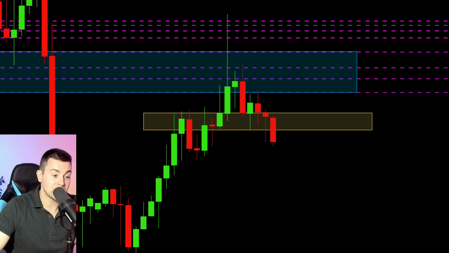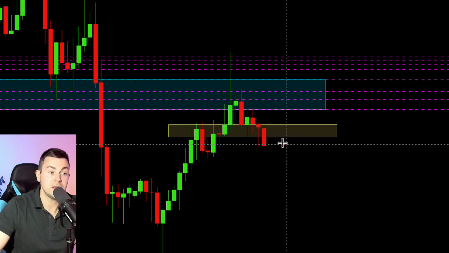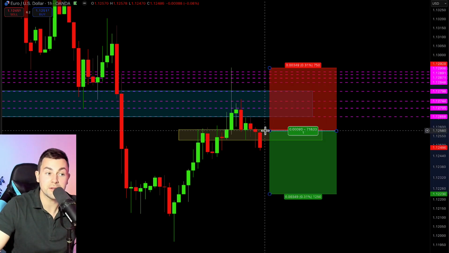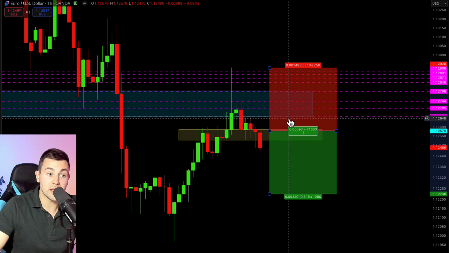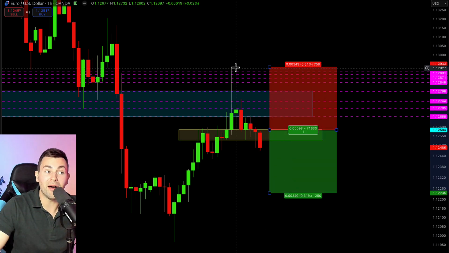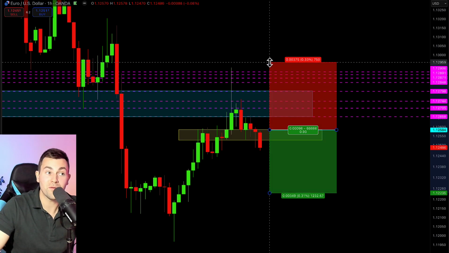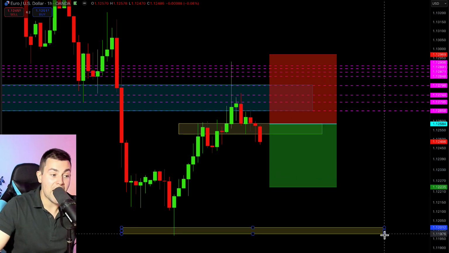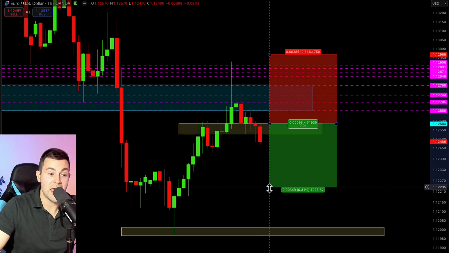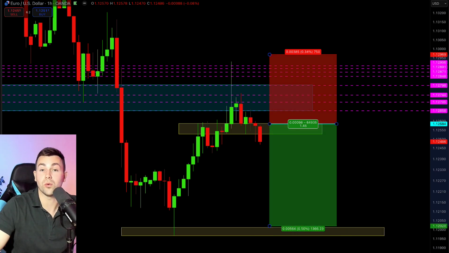From such a perspective, I suggest setting your sell limit order on a retest of that broken structure, of that broken minor liquidity zone. Set your stop loss strictly above the highs of the liquidity grab. That will be the safest stop loss for your trade, and you can simply aim at current lows. That can be a goal for your short trade.